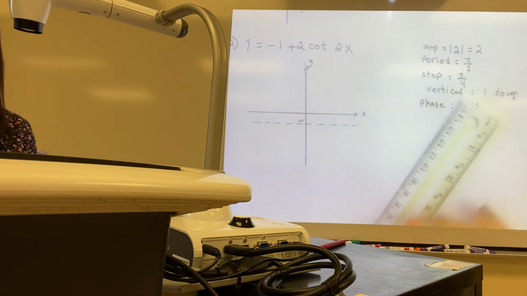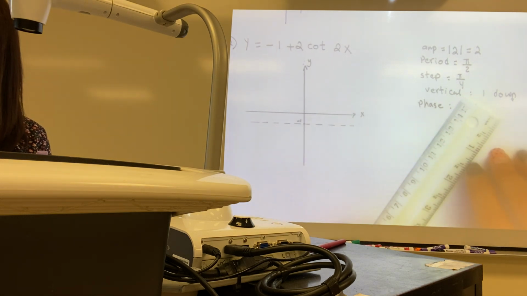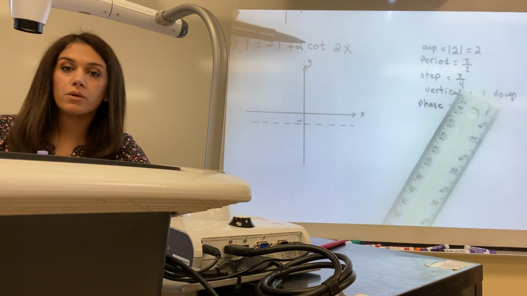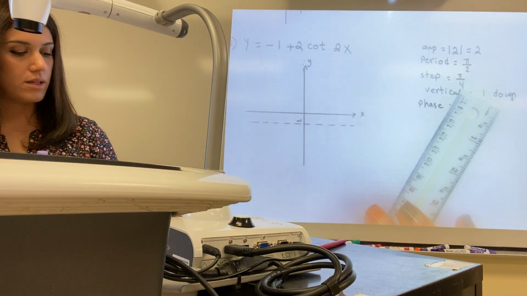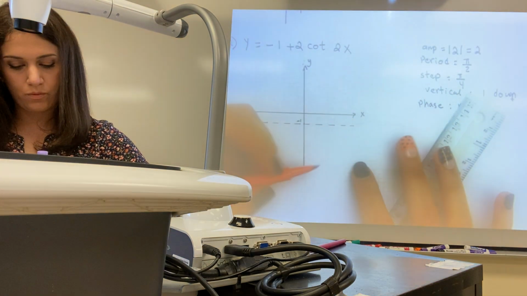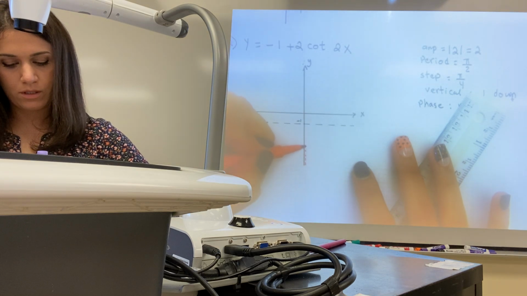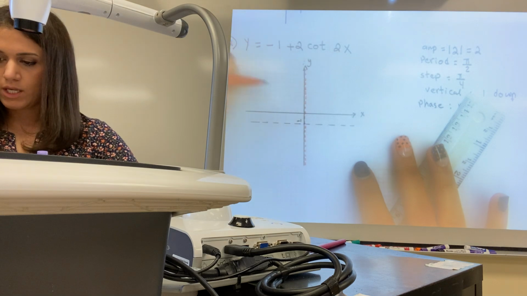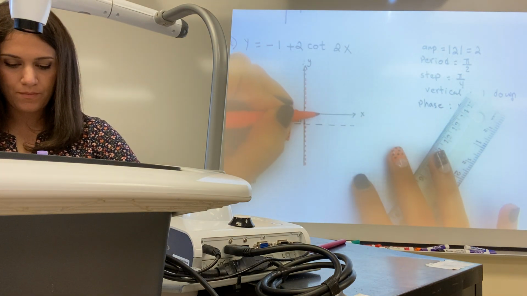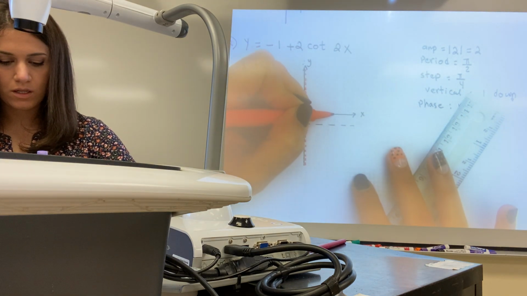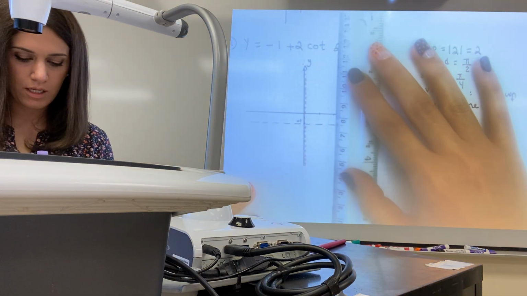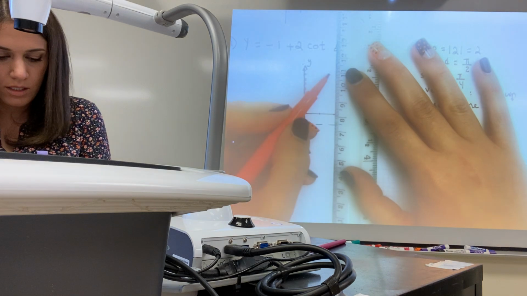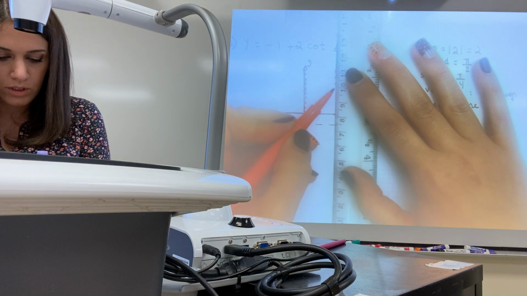Remember for cotangent, when we don't have a horizontal shift, the y-axis is one of its vertical asymptotes. It will go one step, then the second step, and the end of the period is the other vertical asymptote.